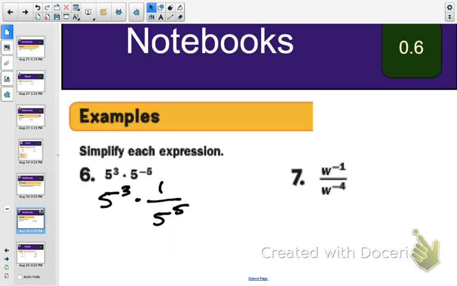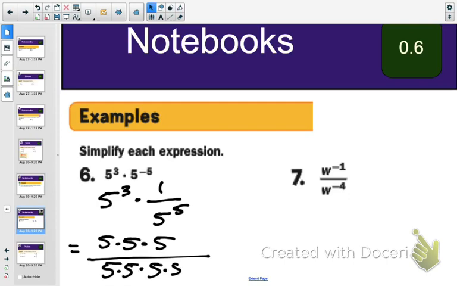And then we can cancel. So 5 to the 3rd is really 5 times 5 times 5 over 5 to the 5th, which is 5 times 5 times 5 times 5 times 5. Okay, and then 3 of those will cancel. So we're left with 1 over 5 times 5, or 1 over 5 squared.